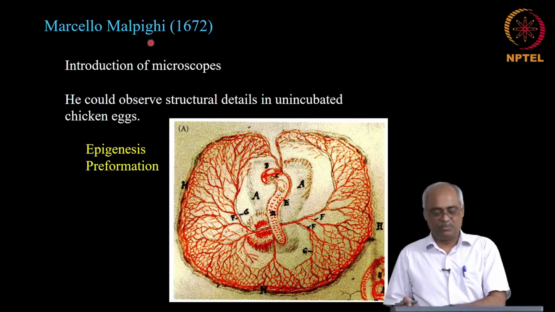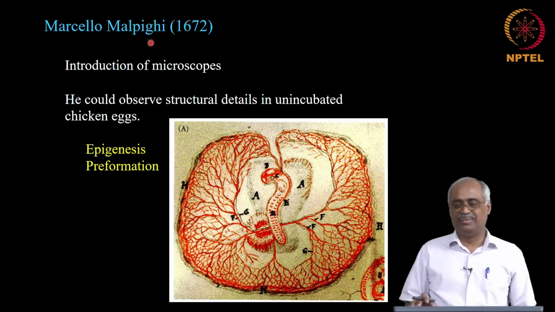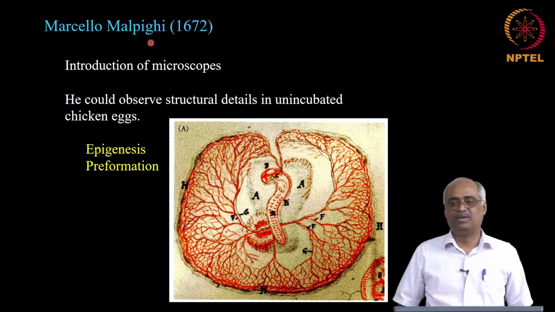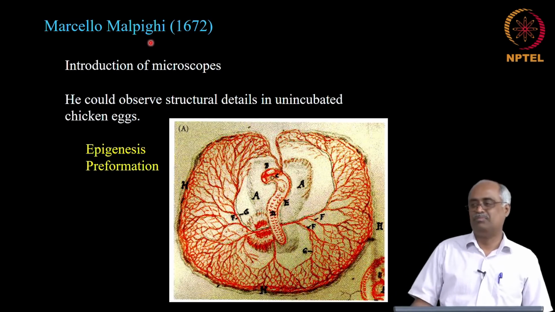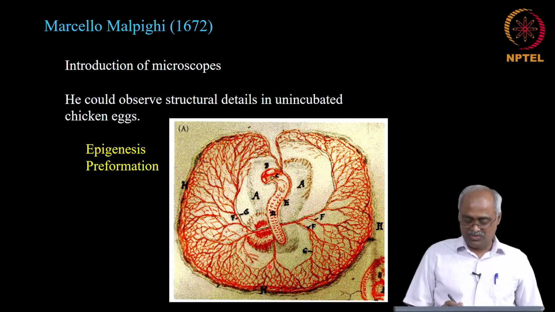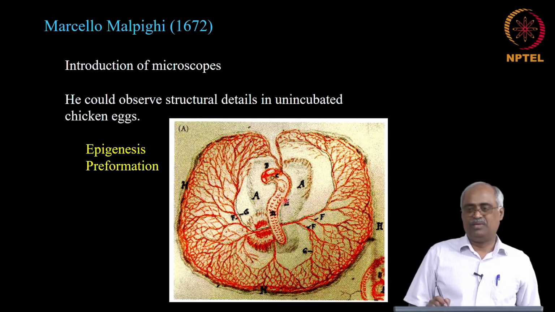So, we did it for practice, but in the 17th century that was the only way they could record any microscopic observations. There was no way to record it on film or on a digital device. So, this is one such early drawing of the chick embryo, of what Malpighi and his contemporaries observed using microscopes.